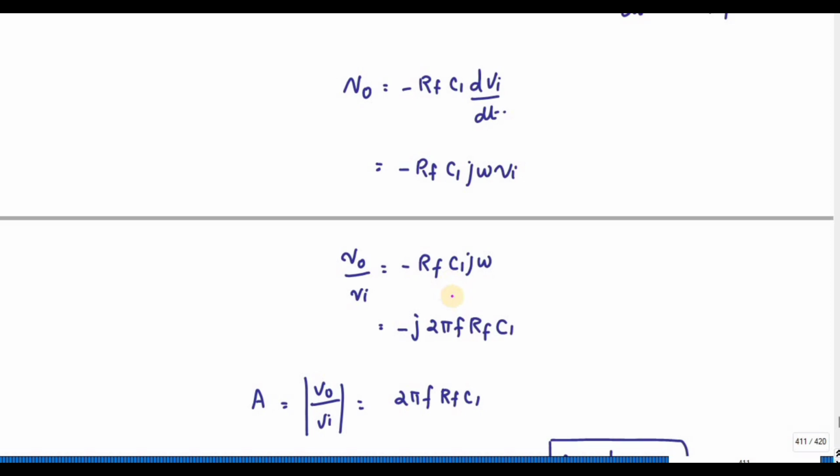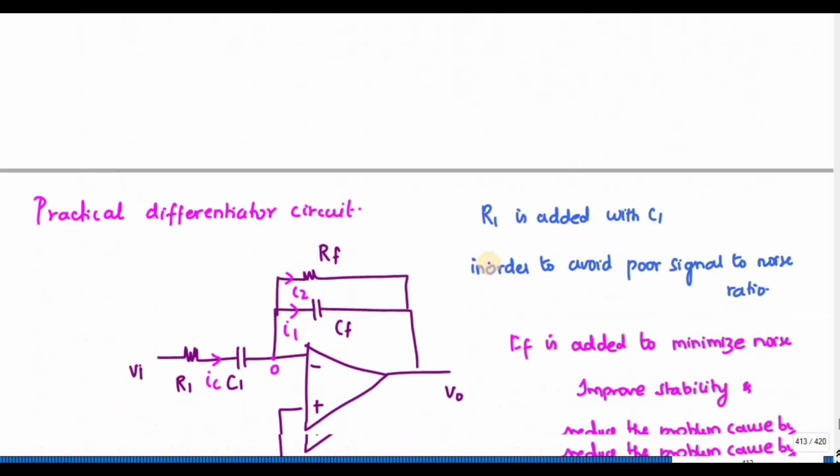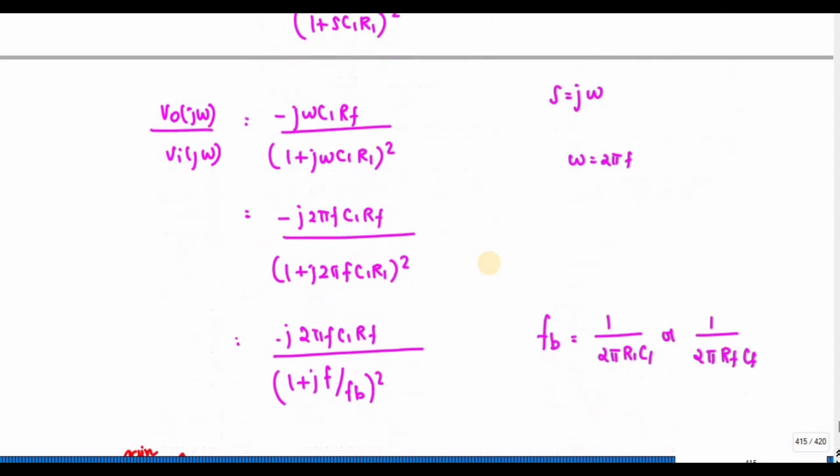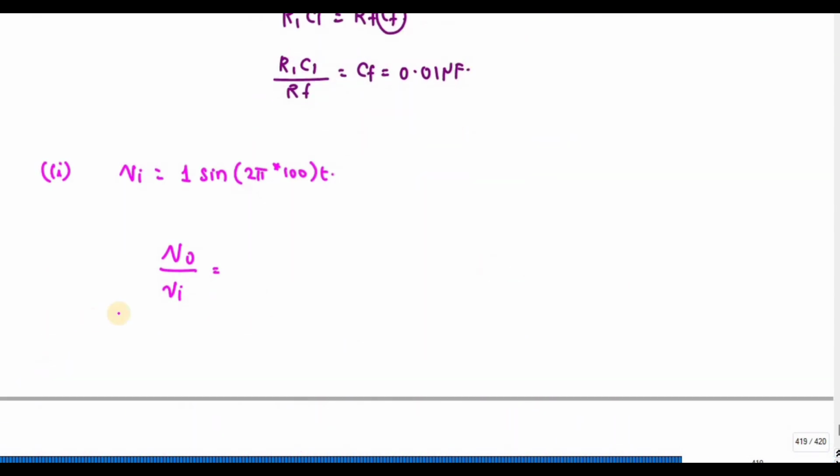V0 by VA is equal to minus R of C1 j omega, right? So I can write V0 by VA is equal to minus j omega R of C1.